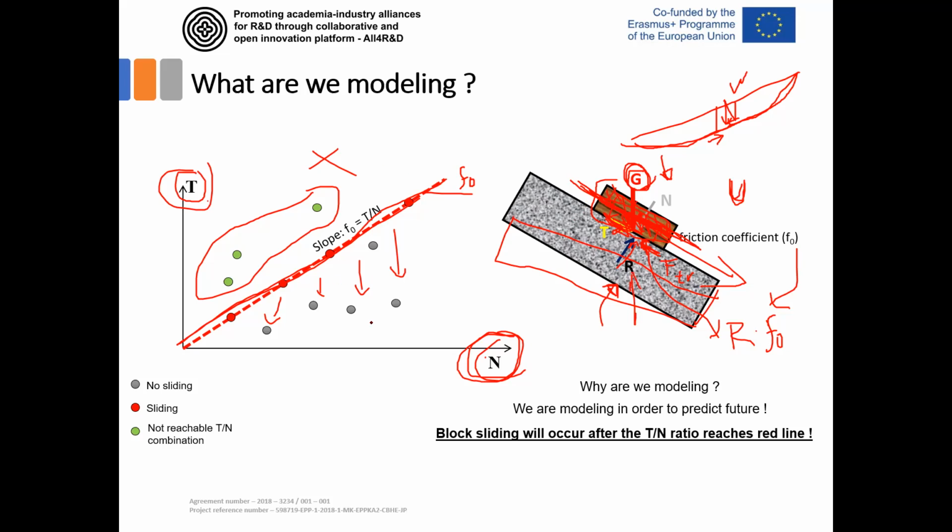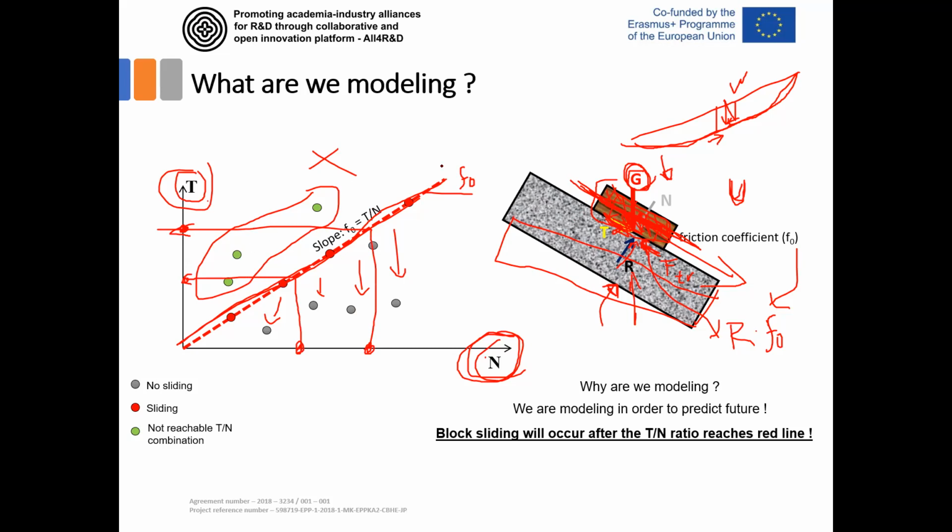That means that if this N force was like this before water, then the resistance to sliding was like this. But if you now reduce the normal force, the resistance to sliding will be reduced as well. This is really the main principle of the influence of water on the stability of the soil mass.